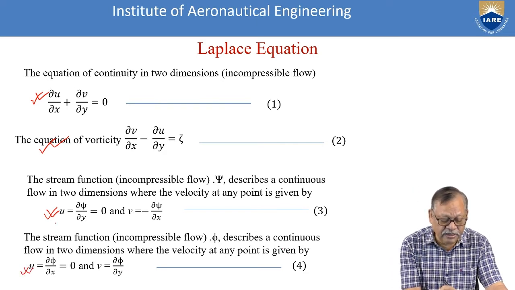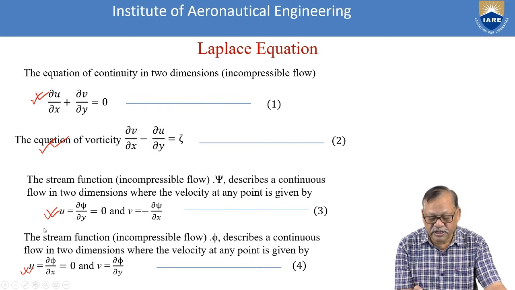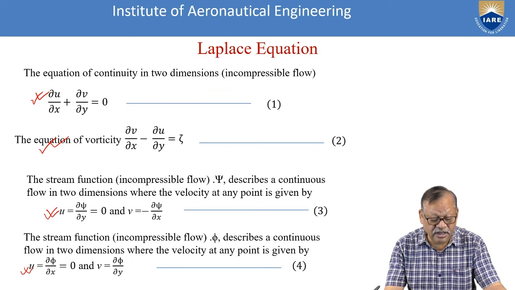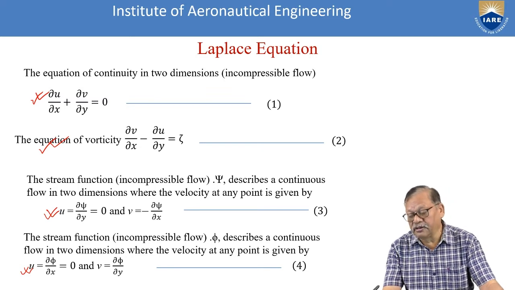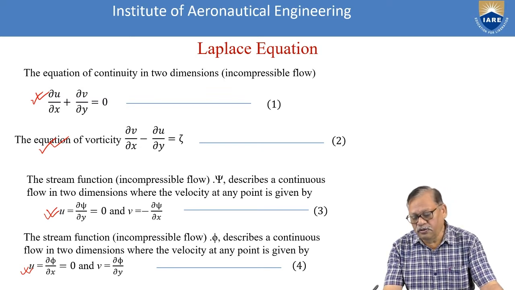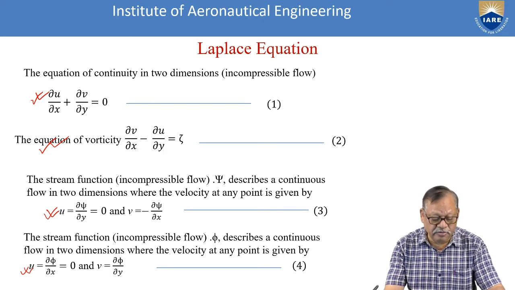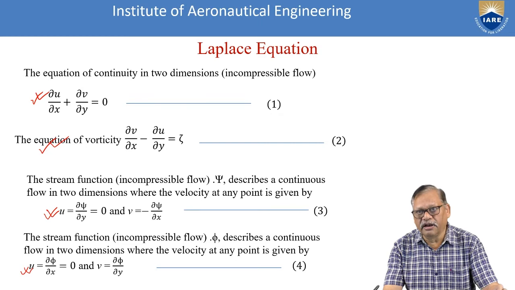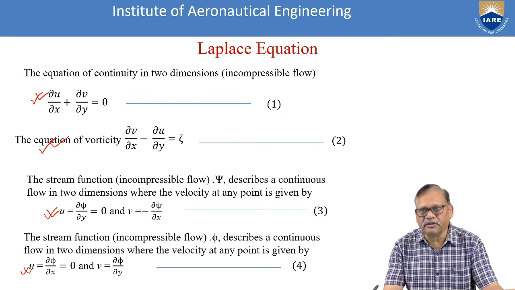These equations 3 and 4 are in terms of psi and phi, our stream function and velocity potential. We should remember these and utilize them to derive the Laplace equation.